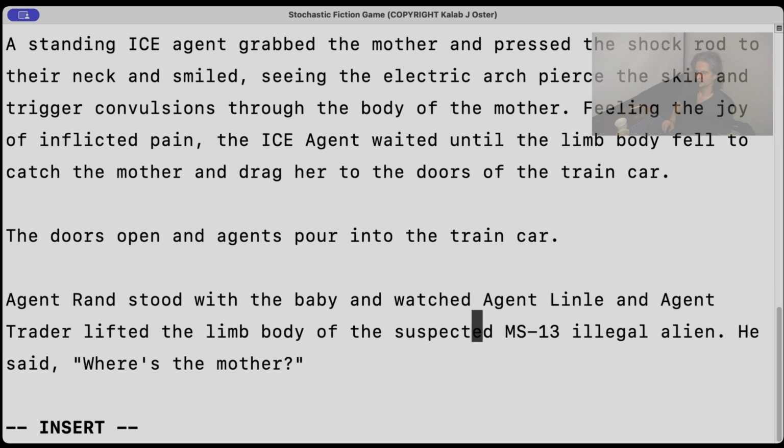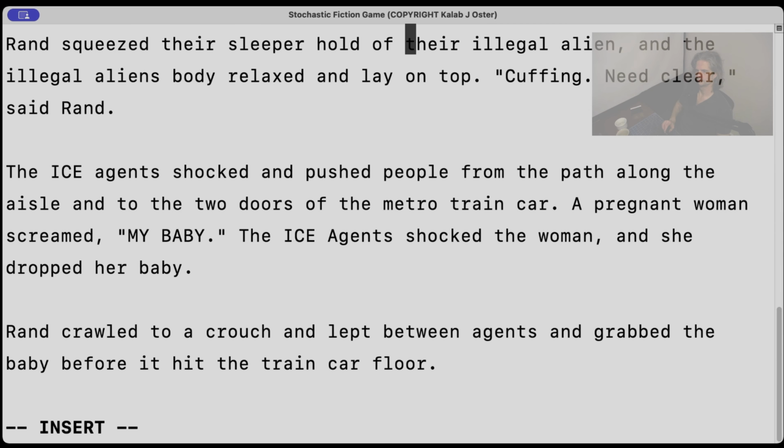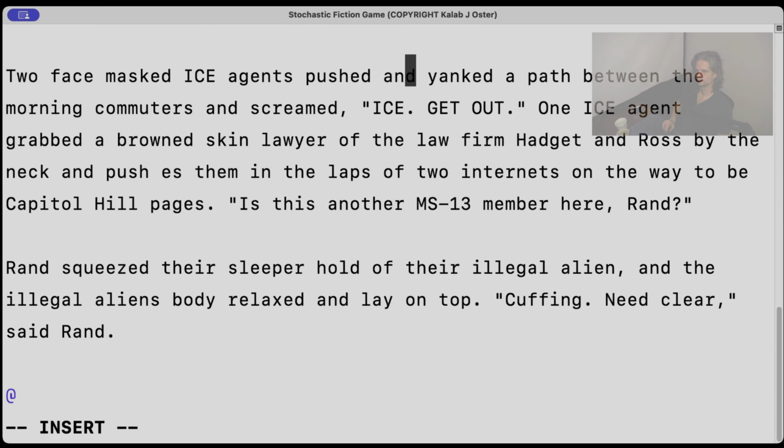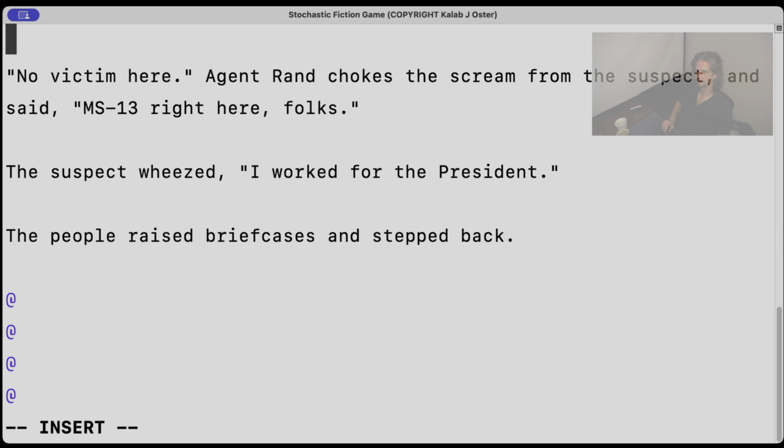The doors opened and agents pushed into the car. Wheezed. Screamed.